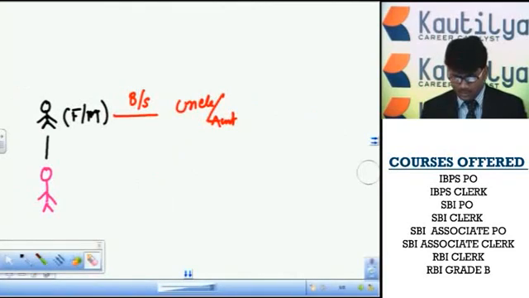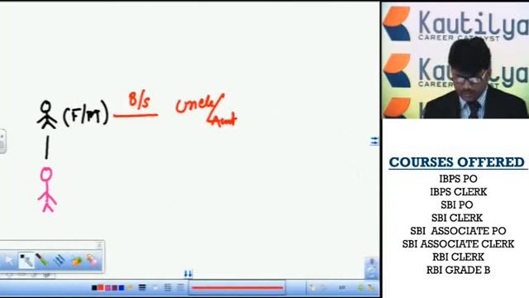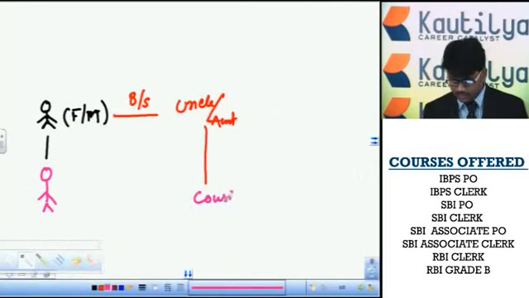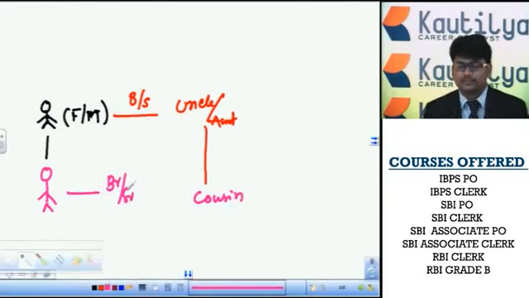Here, the uncle or aunt has a son or daughter, who is called a cousin. If our parent has a child, that means our brother or sister.